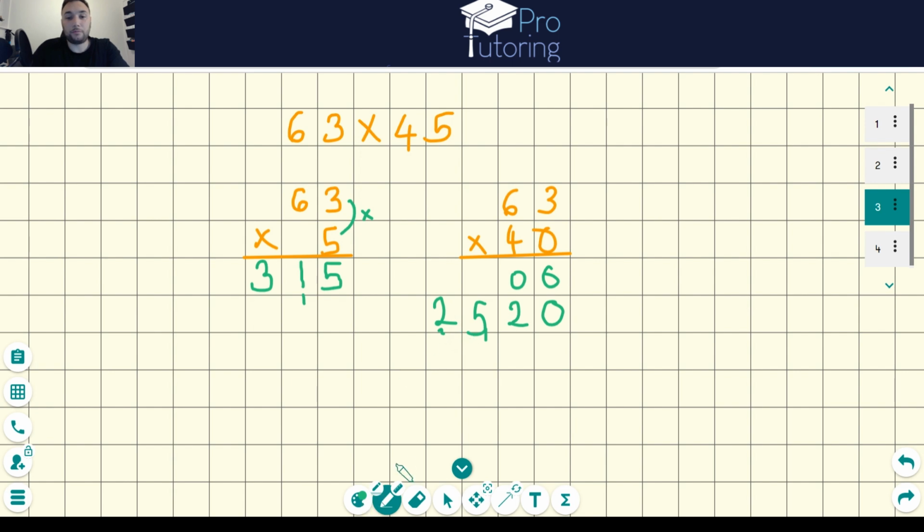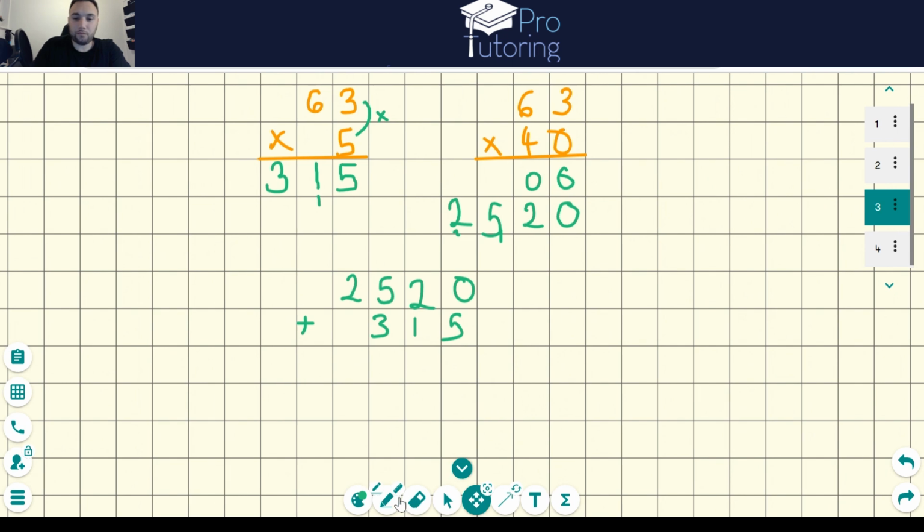Right? Now, once we've done that, like previously on the grid method, we need to add them up. So we do 2,520, add 315. I'm just going to move this down a little bit. So altogether, we have 5, 3, 8, and then 2.